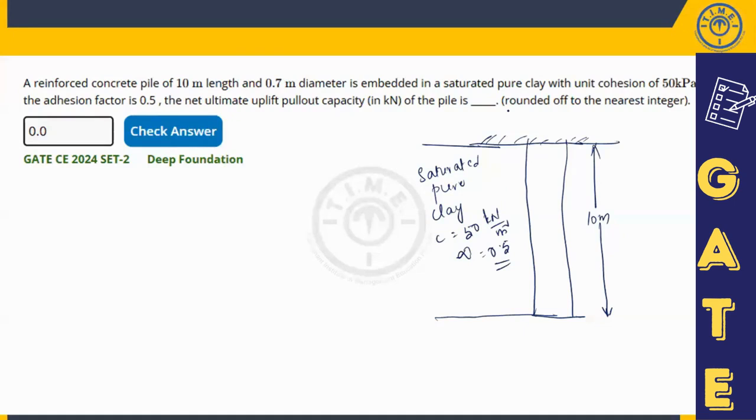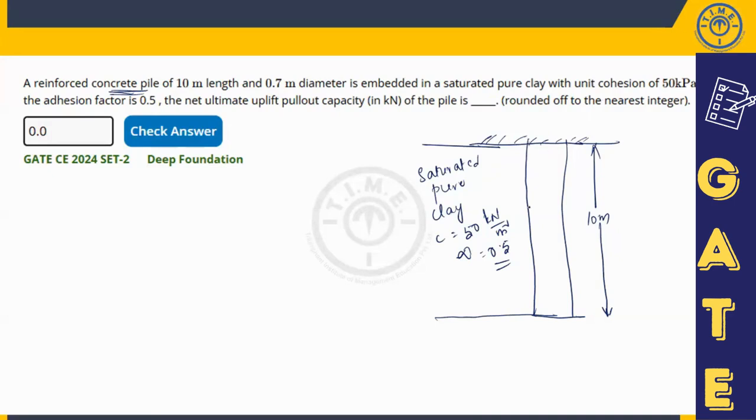Net ultimate pullout capacity. It is mentioned as a concrete pile. Net ultimate pullout capacity of the pile is dash. Net ultimate pullout capacity means, my dear students, in order to pull it out, what is the opposing force?